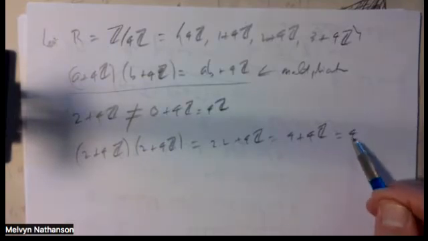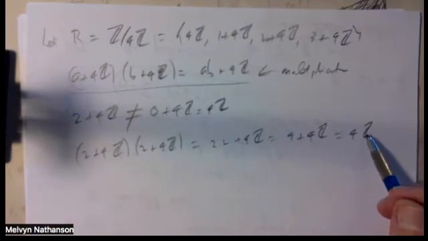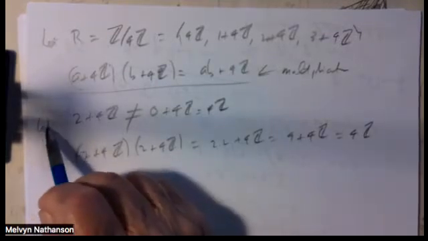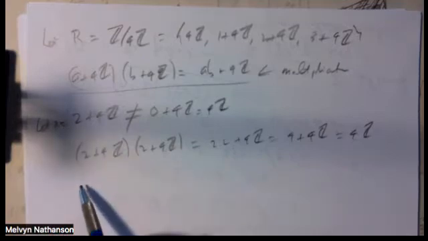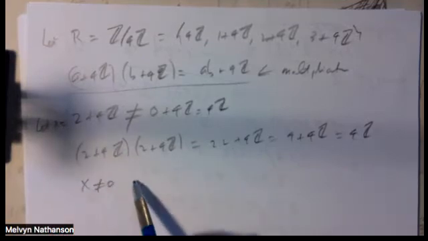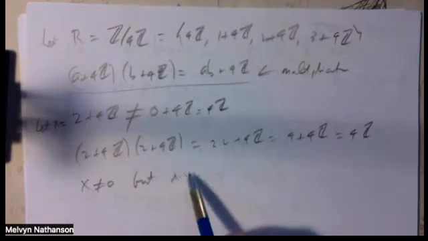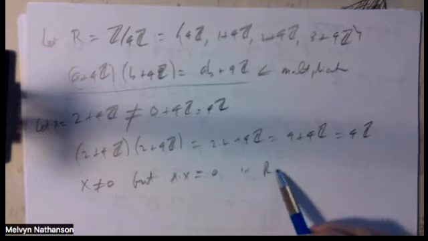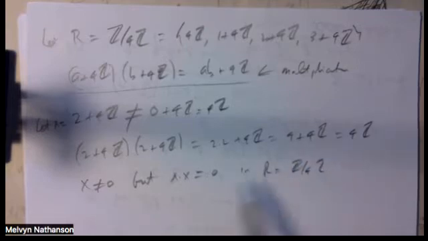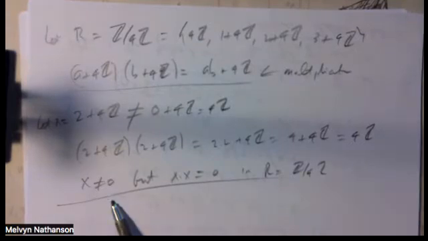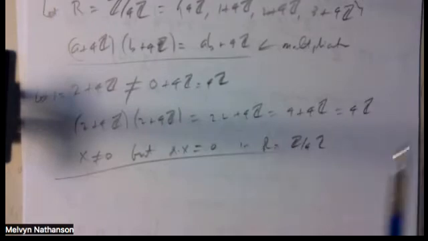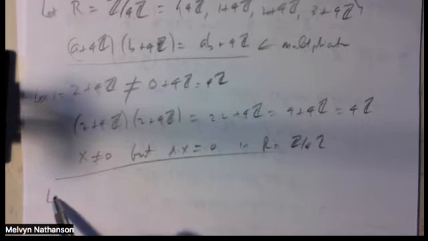So this is the same as 4Z. In other words, if we call this x equal to 2 plus 4Z, x is different from 0, but x times x equals 0 in this ring, Z mod 4Z. So you can have a non-zero element, but you multiply it by itself, you actually get 0. That's an awkward thing.